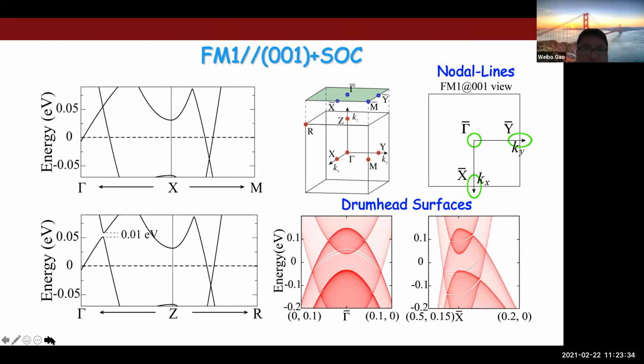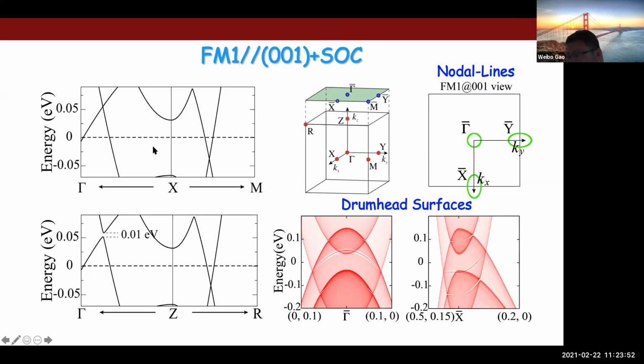You said your collaborator already measured the quantum anomalous Hall? Yeah, they are doing the ARPES measurements. ARPES measurement, I see. But nobody is doing the transport measurements. Okay.